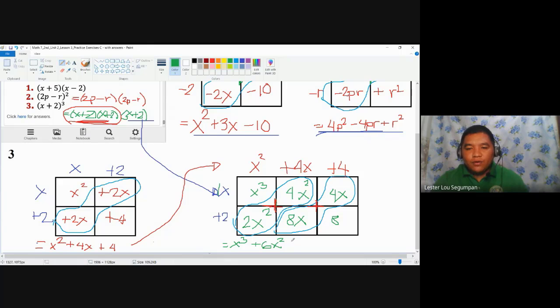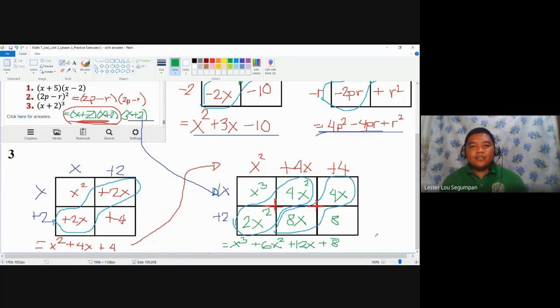Then 8 plus 4 is 12x. And finally, you have positive 8. So the final answer for number 3 is x cubed plus 6x squared plus 12x plus 8.